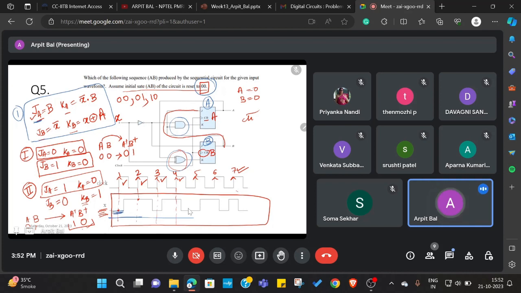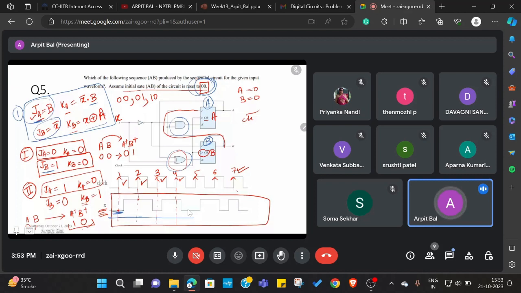So when X is 0, using this equation, JB is 1, KB is 0, because A is 0 and X is 0. KA is 0 because B is 0, and JA is 0. So we have JA KA as 0 0.